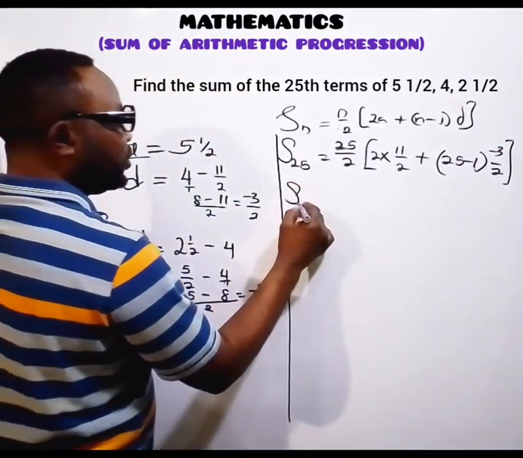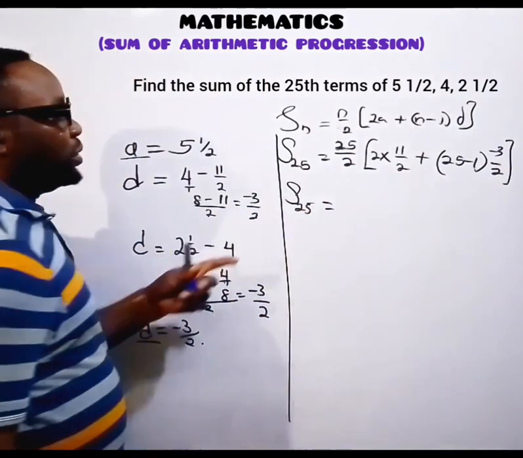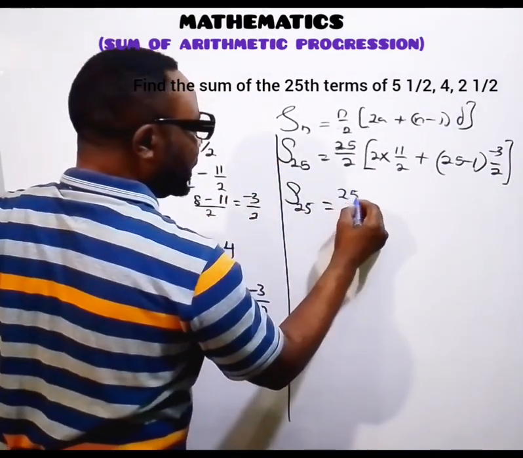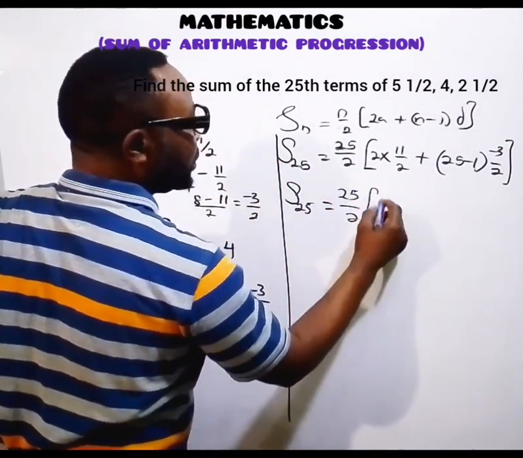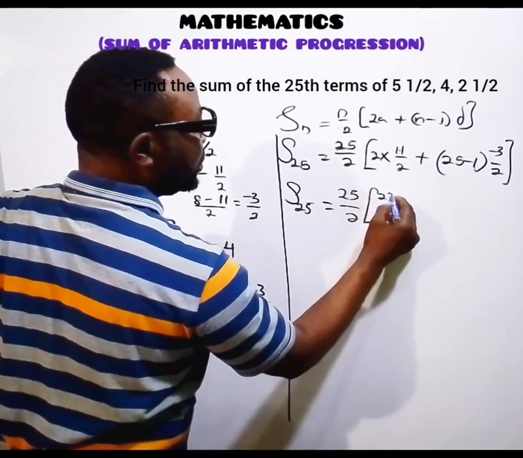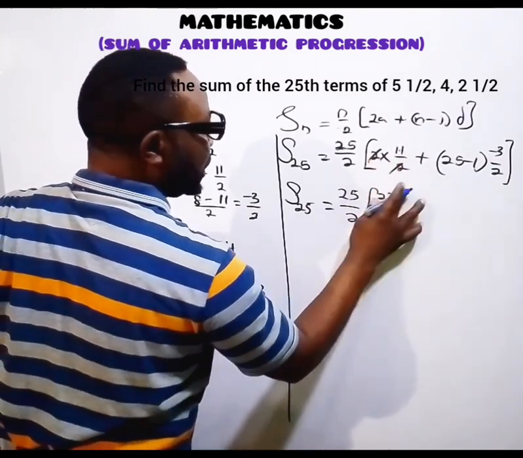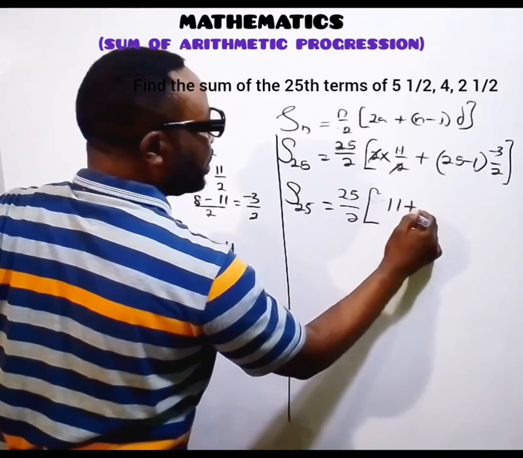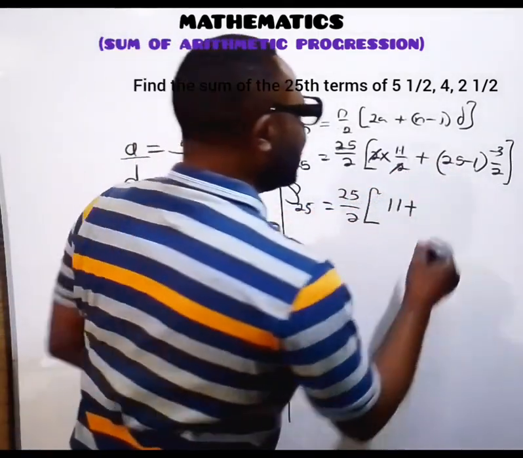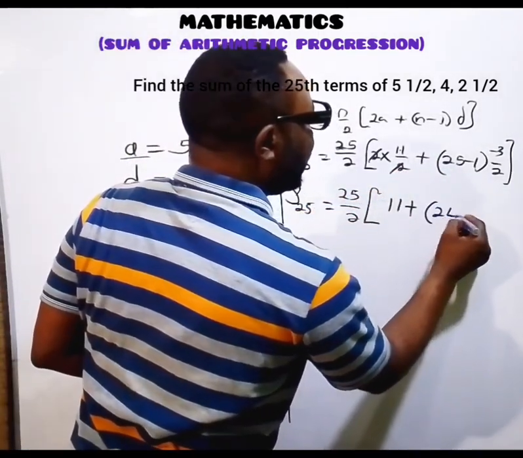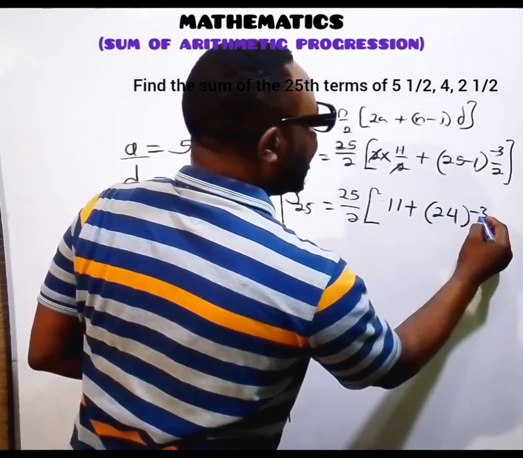So we have the 25th term now to be equal to, we can leave it like this, 25 over 2 into bracket of 22. This one we can cut to make it 11, plus 25 minus 1, that is 24, multiplied by minus 3 over 2.